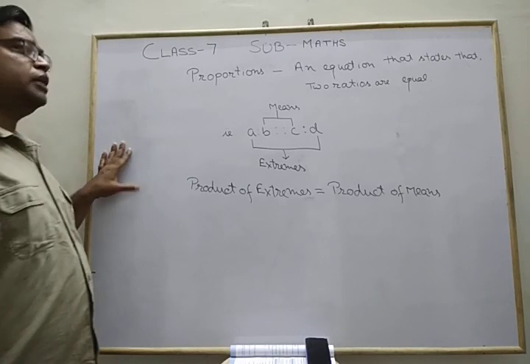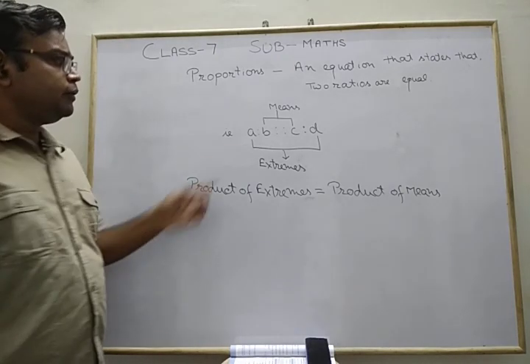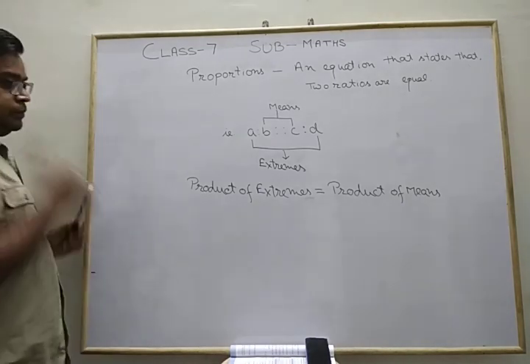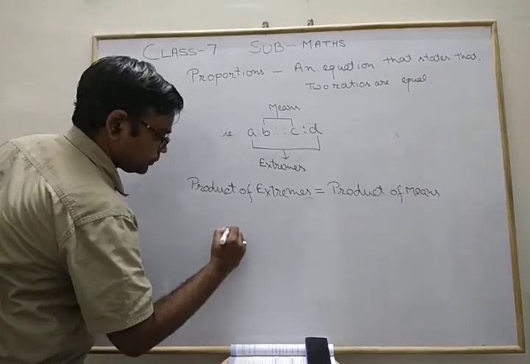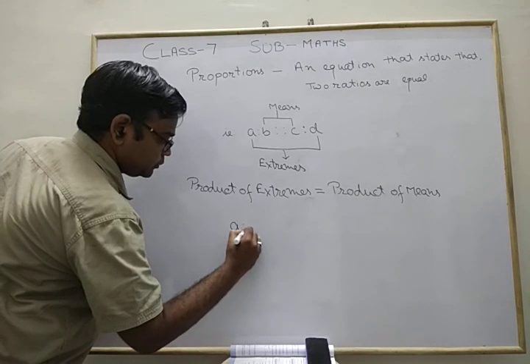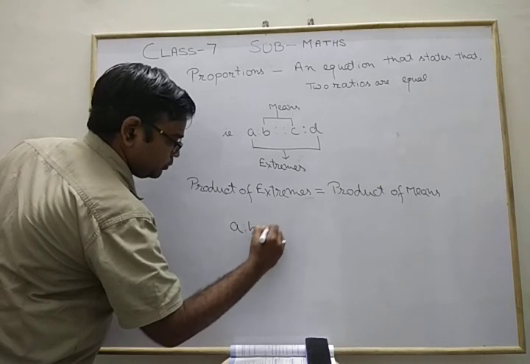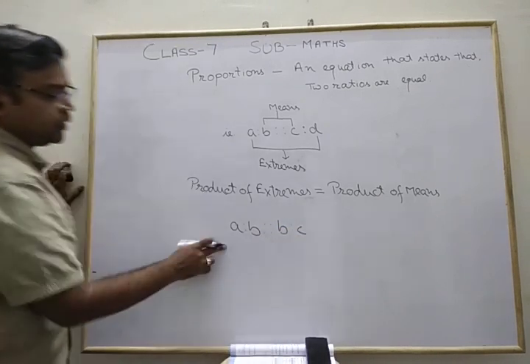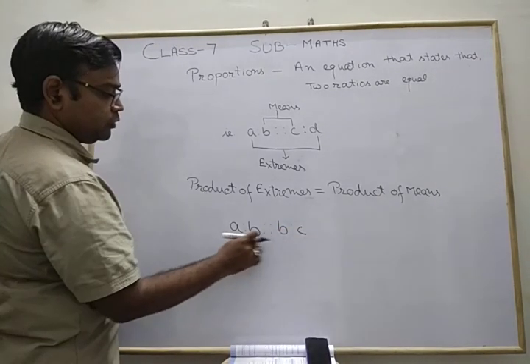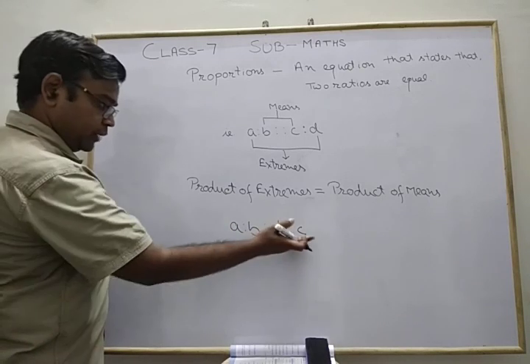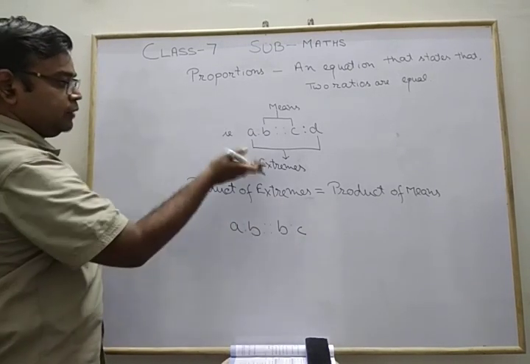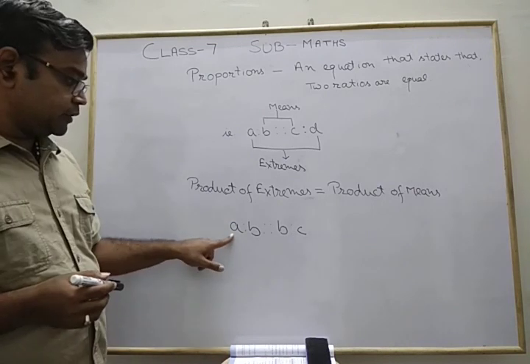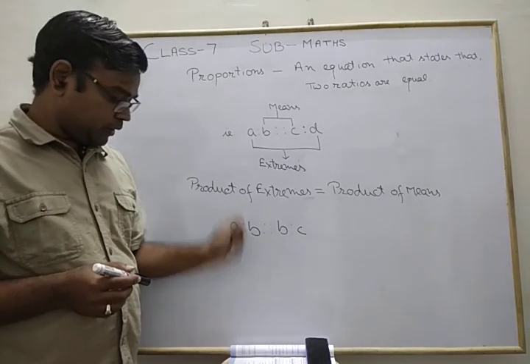In proportion, this condition arises: if the means are equal, then what happens? Suppose A ratio B is proportional to B ratio C. So there are three terms, and B is a single one, common in both.